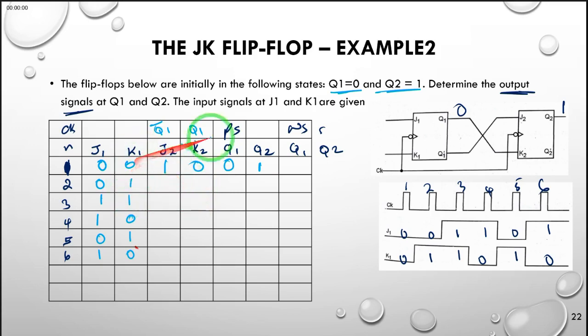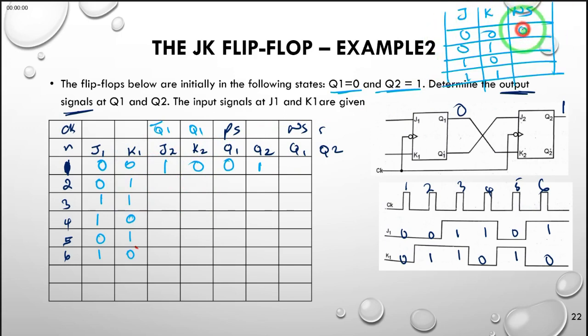Because we know the characteristic table of JK, we again redraw it here, and we say this is Qn, 0, 1 and Qn bar. So if we find that we have 0, 0, the next state for Q will remain, which is 0, and 1, 0 will give us a 1 in the next state, as you can see here, and then this becomes our next state right here.